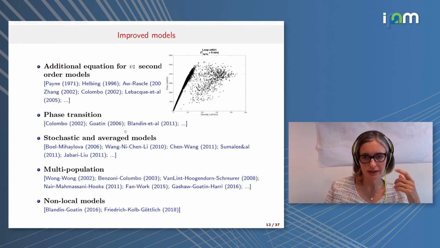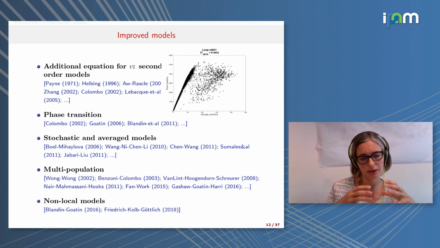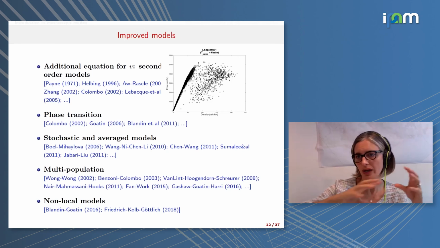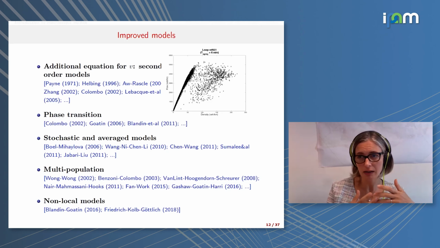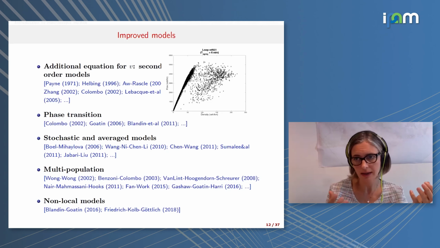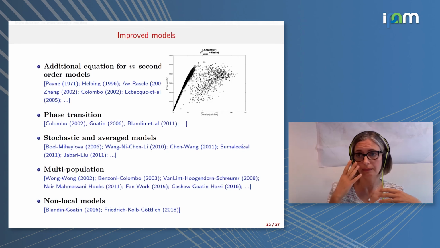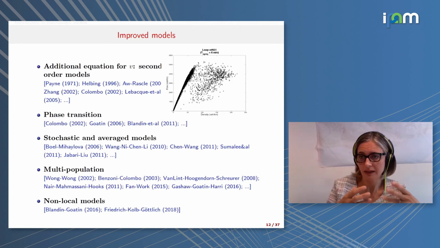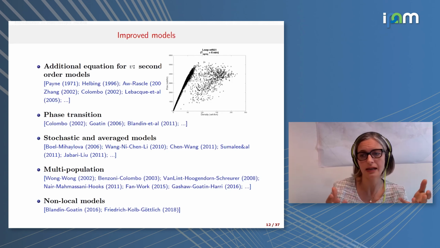And then, of course, for the moment, we have thought of the road as just one channel where the cars are flowing, but we are forgetting that there may be different types of vehicles, like cars and trucks, that have different dynamics, and that may not be captured by the simple scalar model.